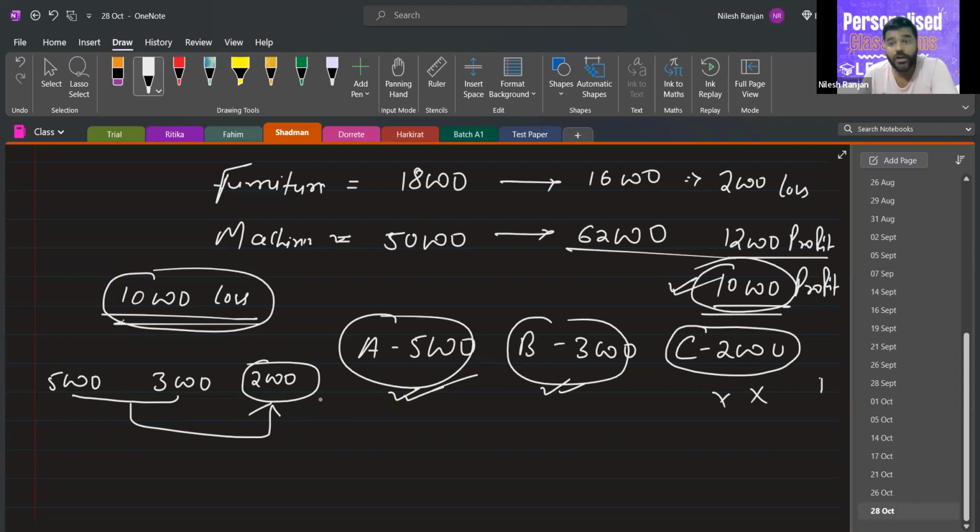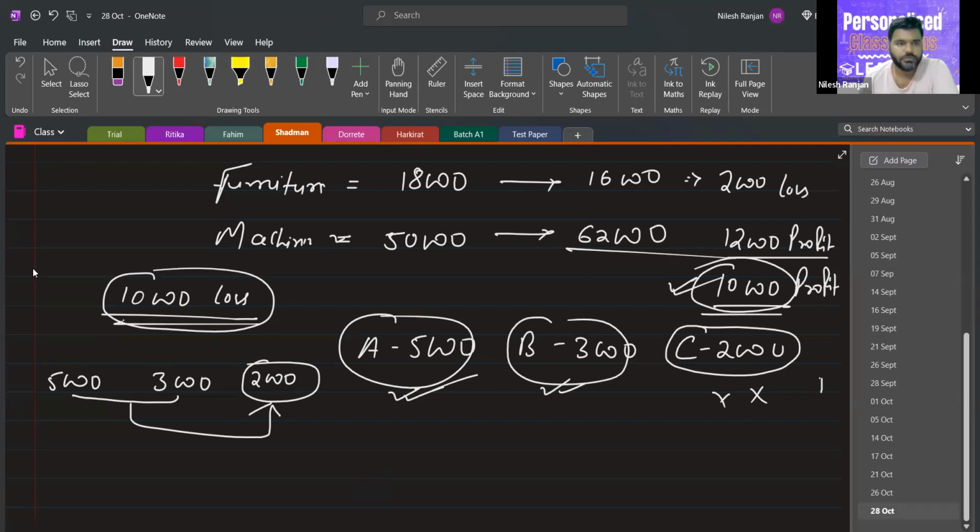No. He retired from the firm, 1 year has lapsed, and now if I say to C that you have to pay 2,000 loss, he won't pay. So if this situation occurs after 1 year, A and B will not be able to recover the money from C. That's why revaluation is done at the time of retirement, or whenever there is a change in partnership.